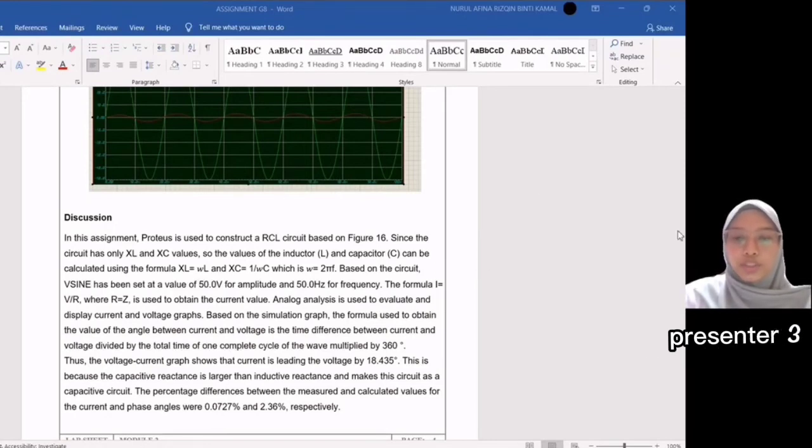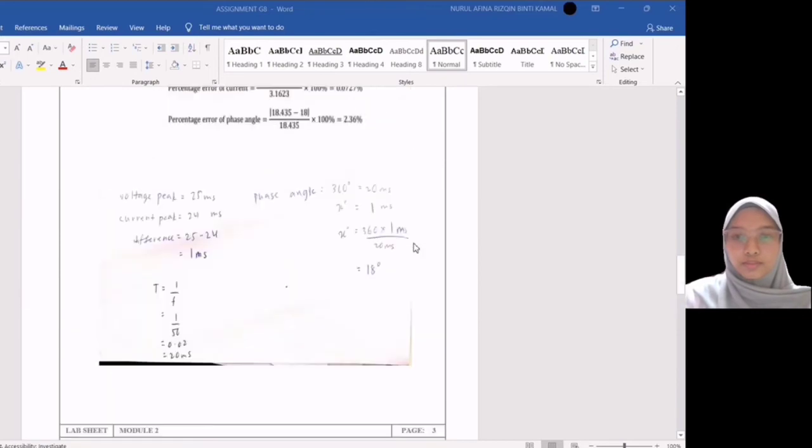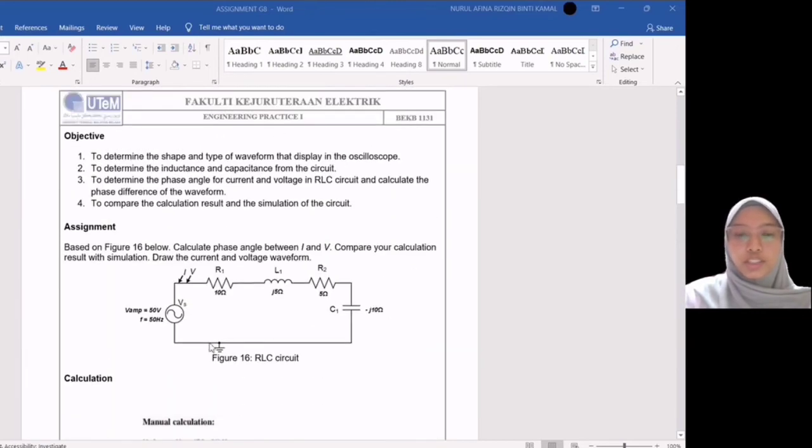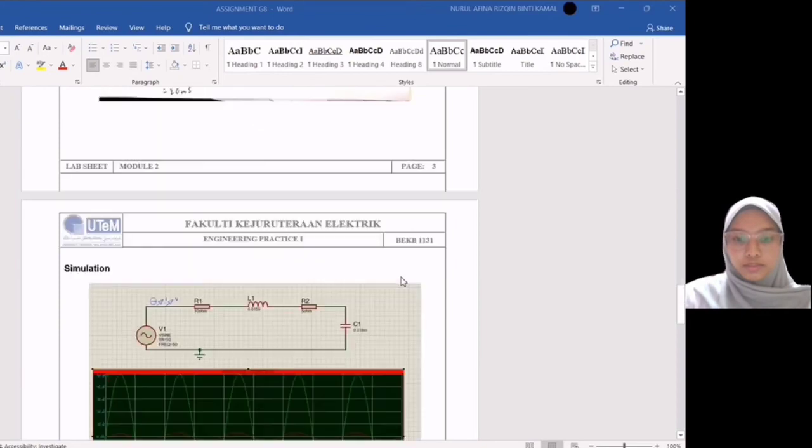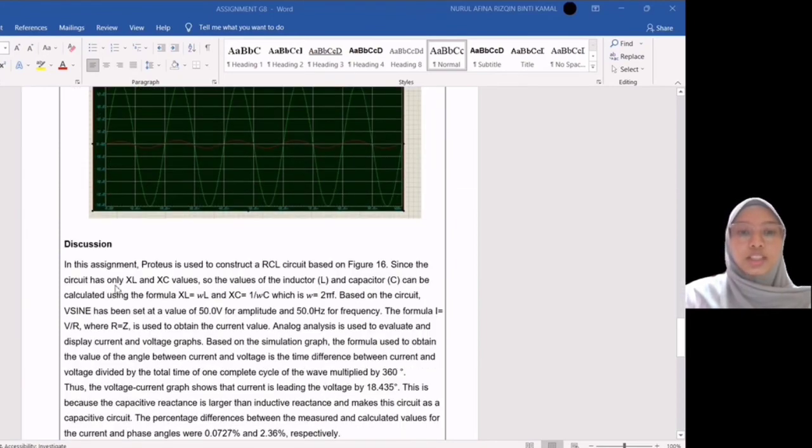We will continue with our presentation. For discussion, in this assignment, Proteus is used to construct an RLC circuit based on this figure. Since the circuit has only XL and XC values, the values of the inductor L and capacitor C can be calculated using the formula XL equal to omega multiplied by L and XC equal to 1 over omega multiplied by C, where omega is 2 pi f and f is frequency.